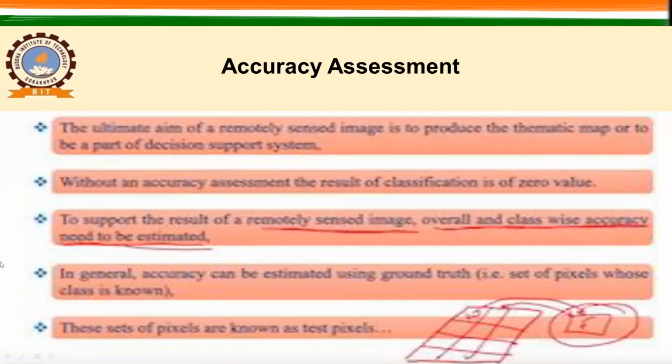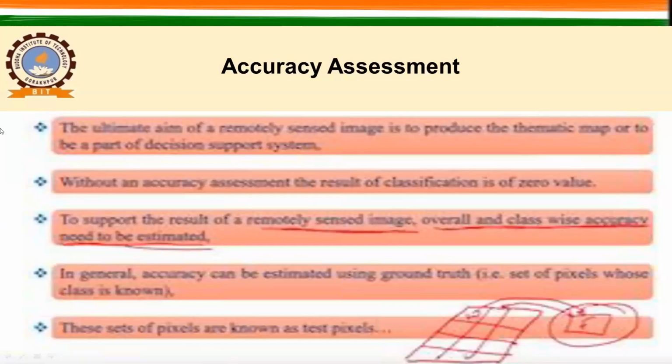The ultimate aim of a remotely sensed image is to produce a thematic map, or to be part of a decision support system. Without an accuracy assessment, the result of the classification is of zero value.